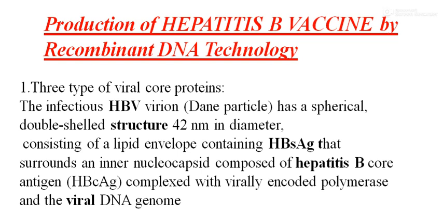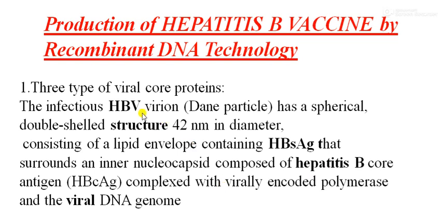Basically, hepatitis is a disease, and the hepatitis B vaccine is used for treatment or prevention of this disease, that is called hepatitis. Hepatitis B is a type of hepatitis virus.